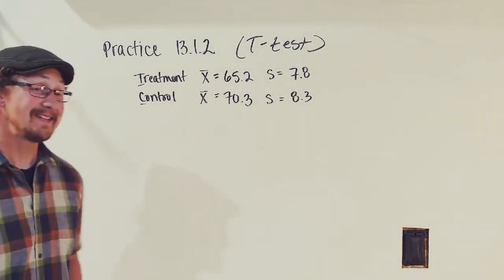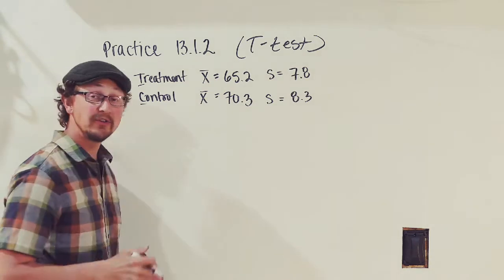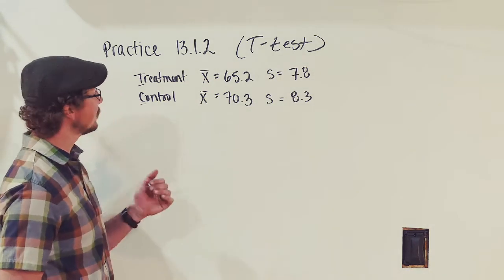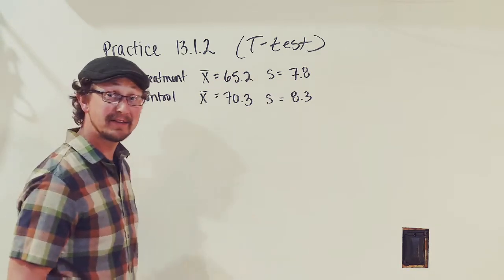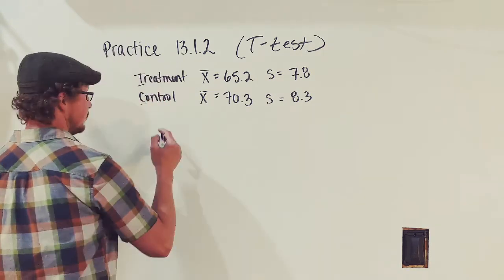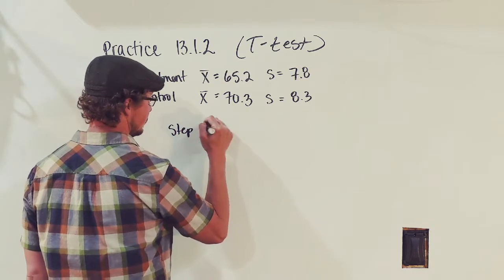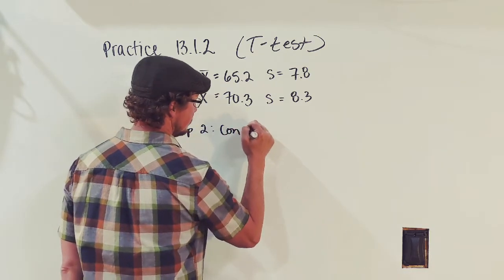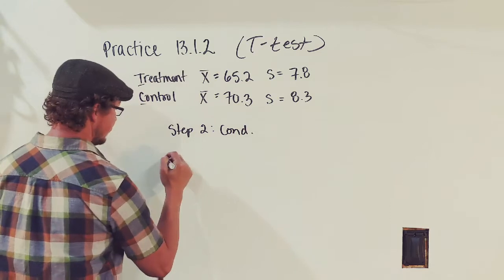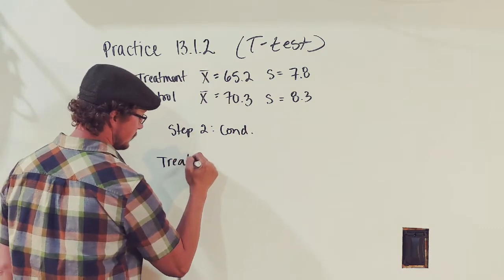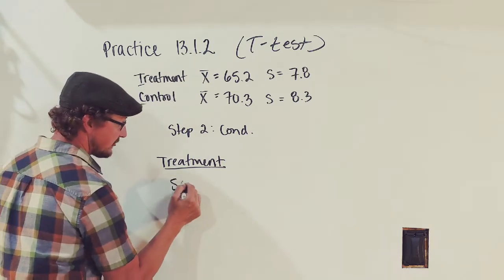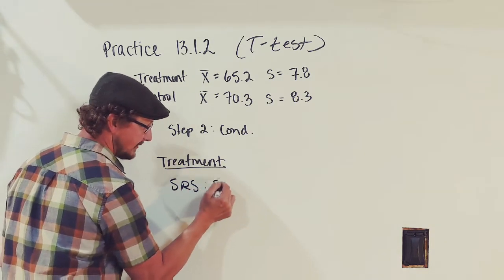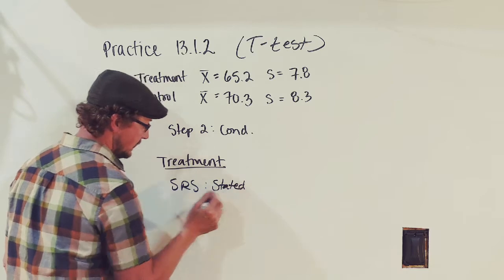It's our conditions step. We are going to identify the conditions for both the treatment group and the control group and identify that they've been satisfied separately. So the treatment group, was that a simple random sample? Yes, it was. It was stated.